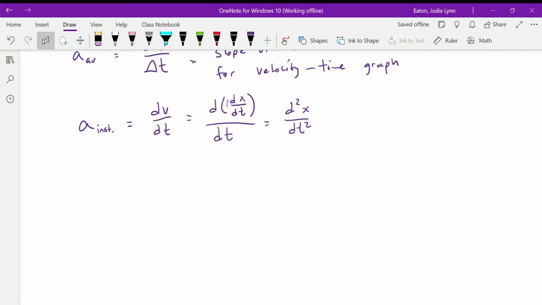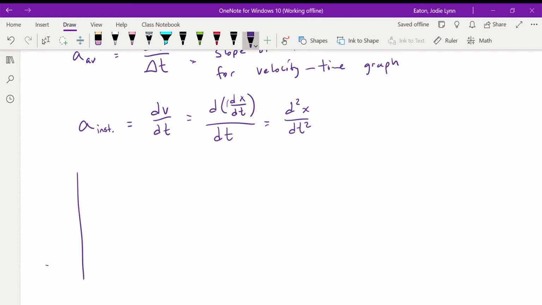So let's take a look at what we want to think about: what's happening on a graph. Let's take a look at a position time graph and think about what's happening with respect to our first and second derivatives of our position and time graph.